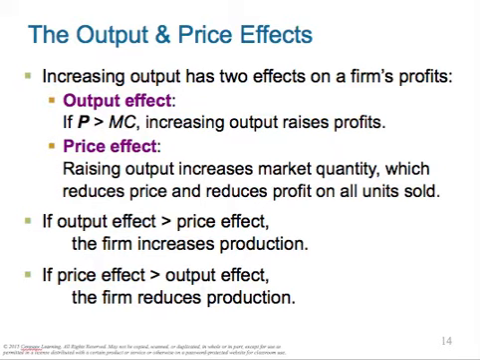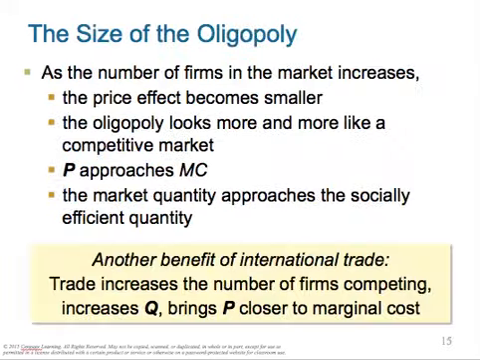Now, if the price effect outpaces the output effect, the firm will reduce production because an increase in production would lower the price more dramatically, and it would lower the revenues that they receive. Kind of a clunky way of saying, hey, they're going to figure out how they can make more money.